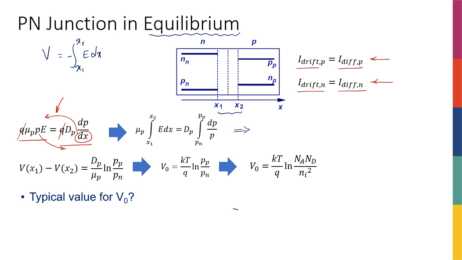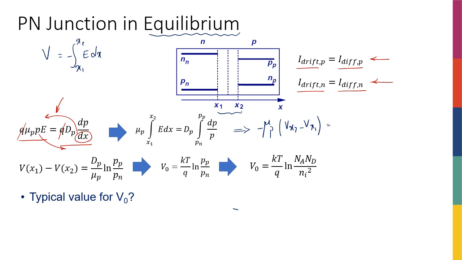So this is going to give me negative mu p times, and then E dx is just going to be V, or, well, I brought the negative outside, so this is going to be just V(x2) minus V(x1).